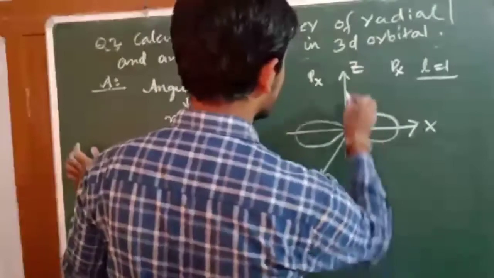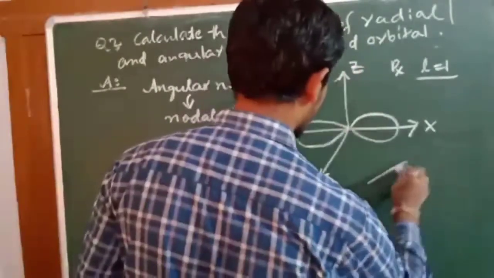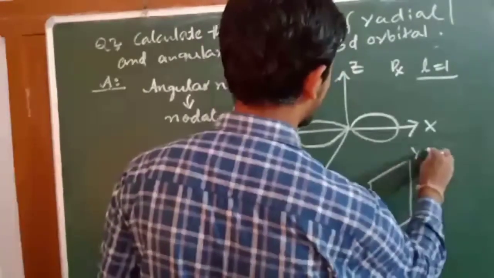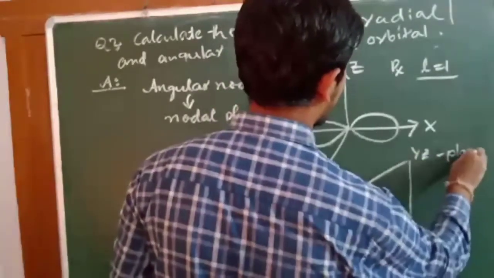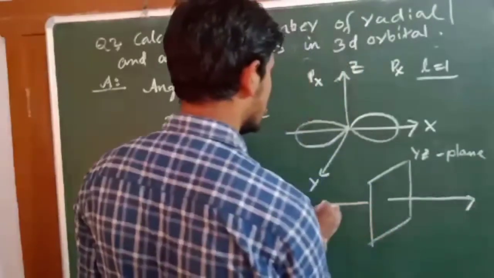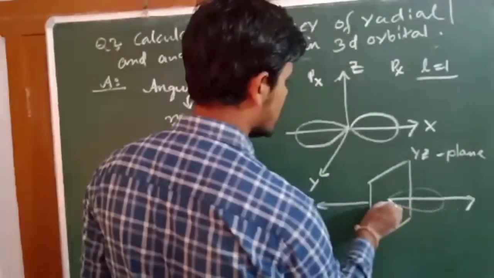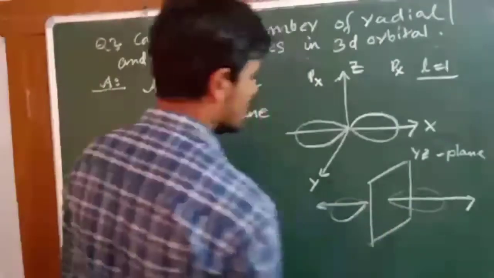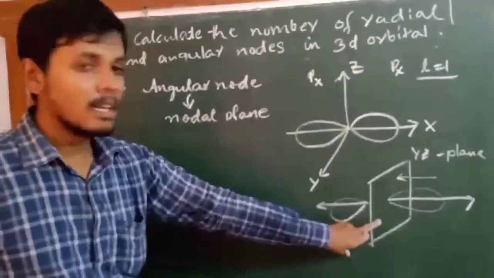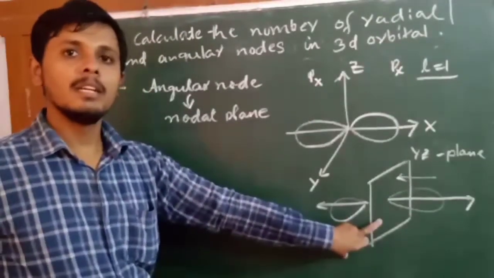So if I consider this yz plane, this is the yz plane and this is the x-axis, and on the x-axis I have the px orbital. So along this plane, the probability of finding an electron is 0.